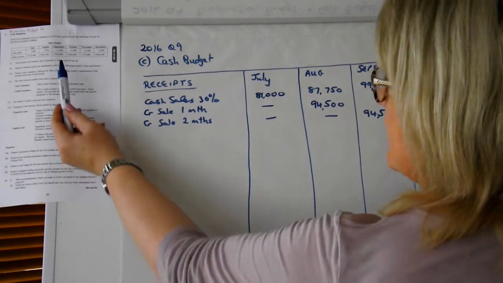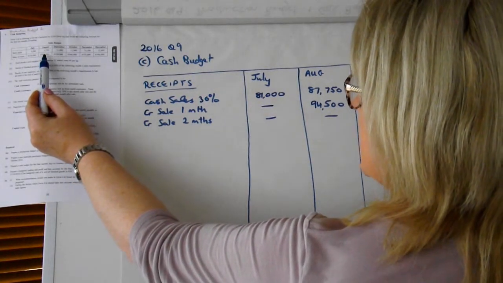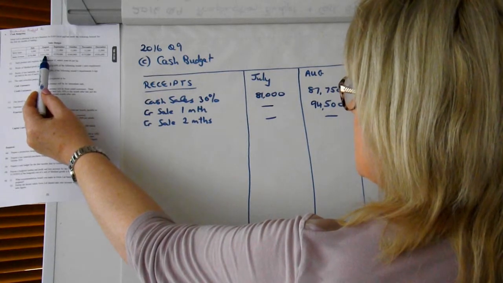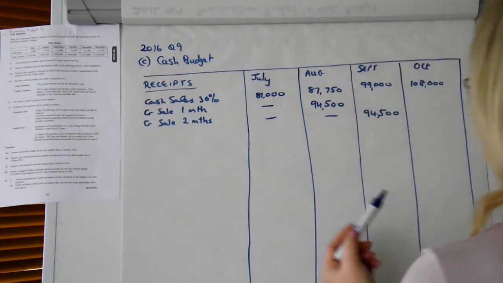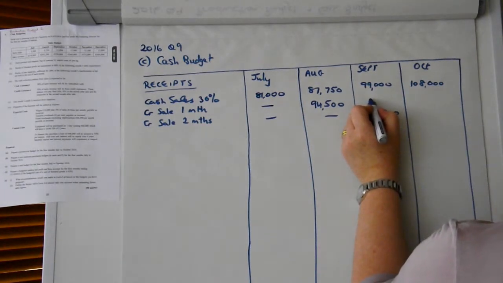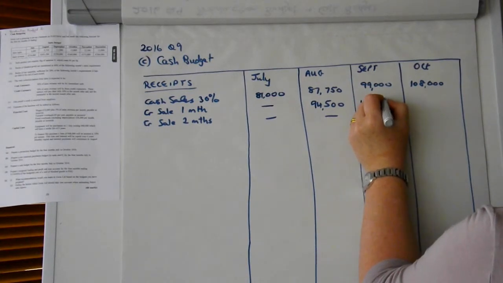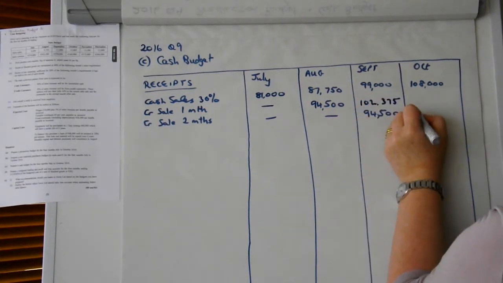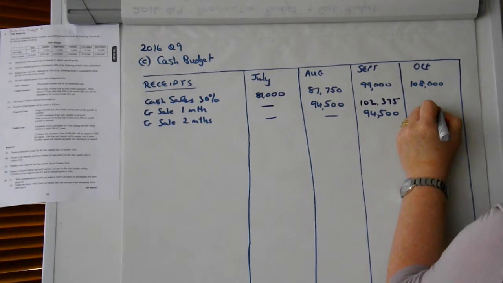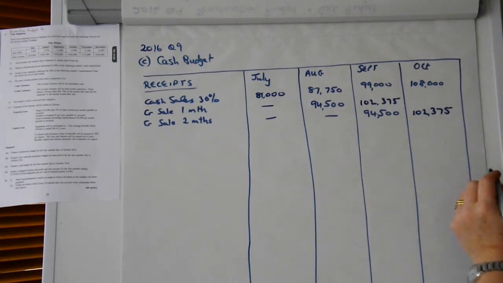Repeat the process then with the August figure, 292,500 by 70% by 50%, and that will go out to 1 month there into September at 102,375, and that's also my October 2 months figure because it's 50-50.